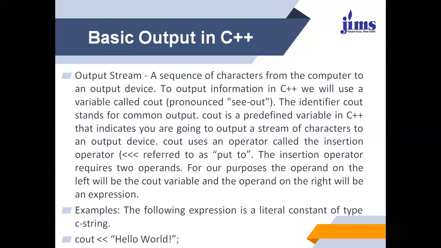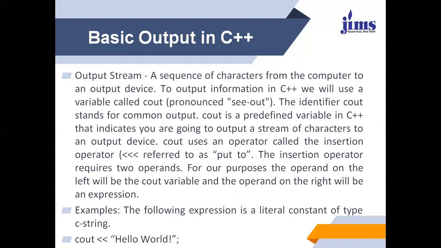Now next is basic output in C++. How do we get basic output in C++? To get outputs in C++, you need to use cout. First, let's discuss what an output stream is: a sequence of characters from the computer to an output device.